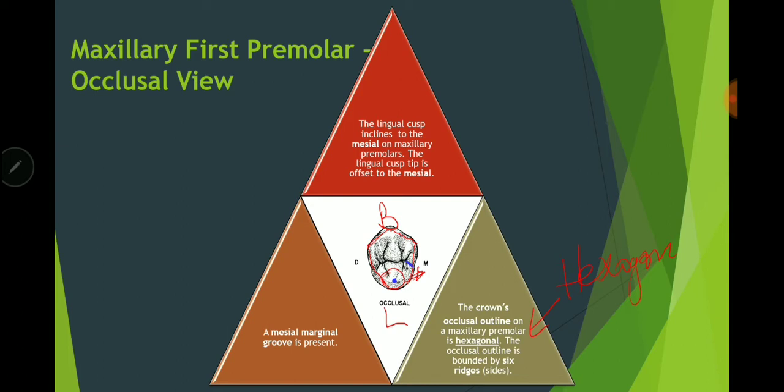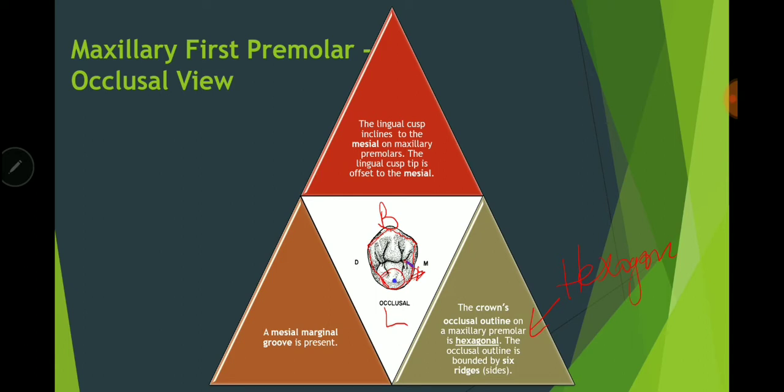Now, the mesial marginal groove is present. As you can see, the blue line there is the mesial marginal groove. The mesial marginal groove on maxillary premolars is continuous with the central groove. The blue line extends over the mesial marginal ridge and then extends over to the root, and we're going to see that.